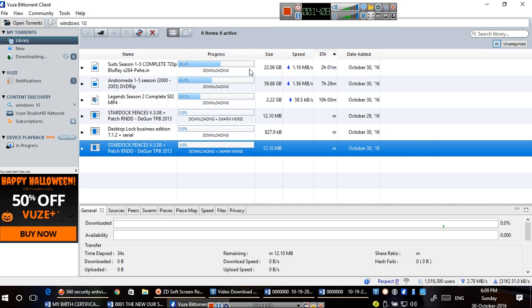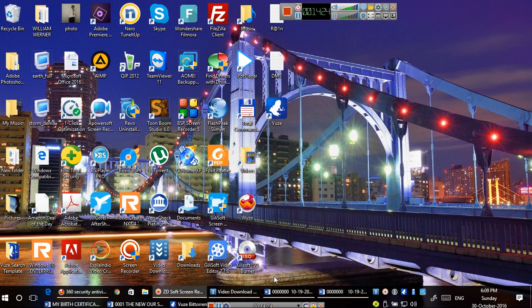Okay, this is 22 gigabytes, and this is Suits. I like Suits. Missed a lot of Suits, so I'm going to watch USA Suits on my computer as I travel between the states on Greyhound. That's right. We'll talk more about that in a minute. Alright, now this is Voos. So, what I did is I typed in video screen recorder, and it gave me ZDSoft.